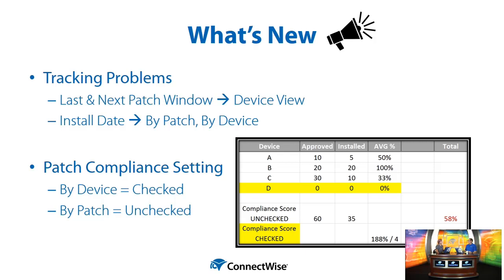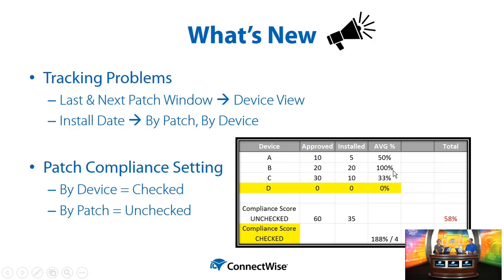As Chris explained, the first compliance score, unchecked, is looking at devices A, B, and C, because it's only looking at patches that have been approved versus what's been installed, which gives you 58%. Once we check that setting in the configuration under General and enable device-based compliance scoring, it's going to calculate in that device D, and it has 0.